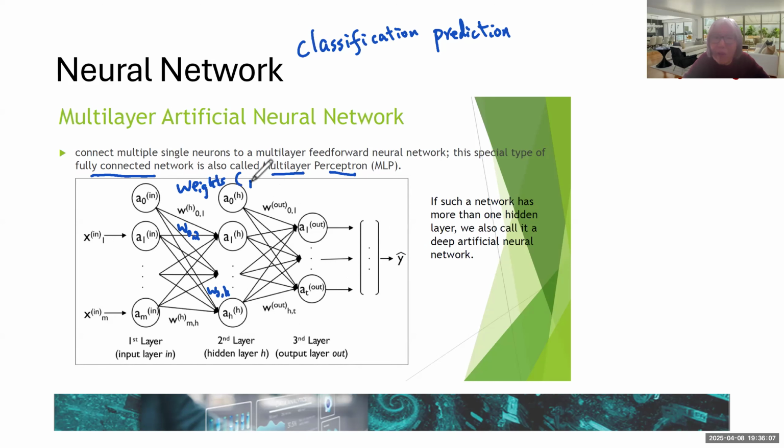And all of the weights are unknown. The goal of training the neural network is to find the optimal weights to connect all of them together, so that when you have this input and pass it through this neural network, if the weights are optimal, the output will be very close to the real outputs.